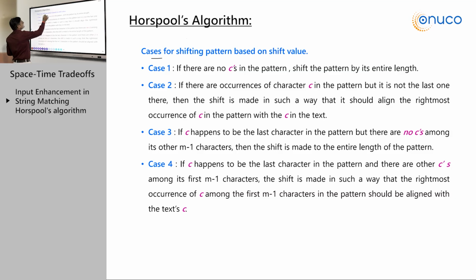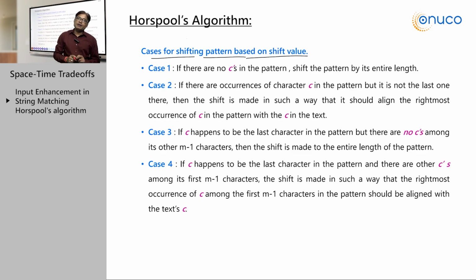Let us discuss the different cases for shifting the pattern based on the shift table. Point to be noted: if the first character of the text is not matching with the pattern, and that particular text character is not present anywhere in the pattern, who will tell whether that character is present anywhere in the pattern or not?